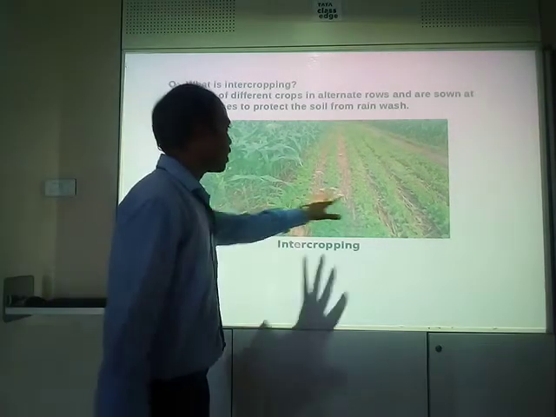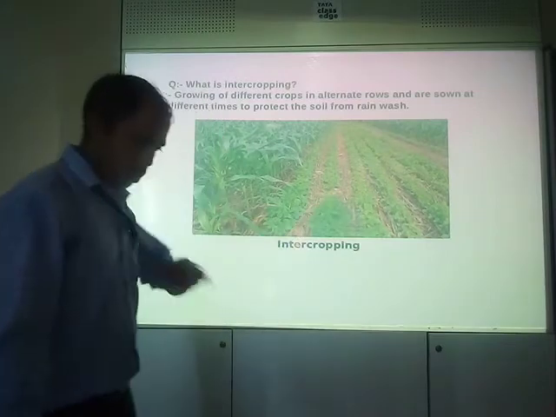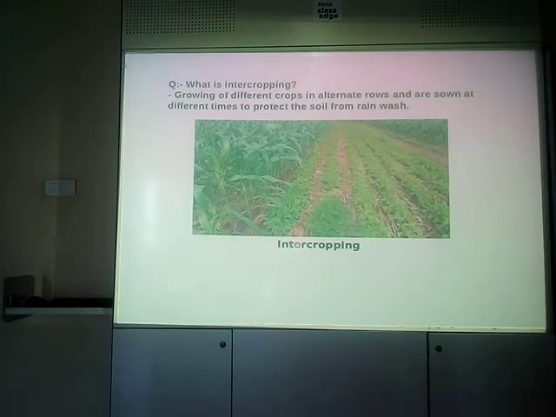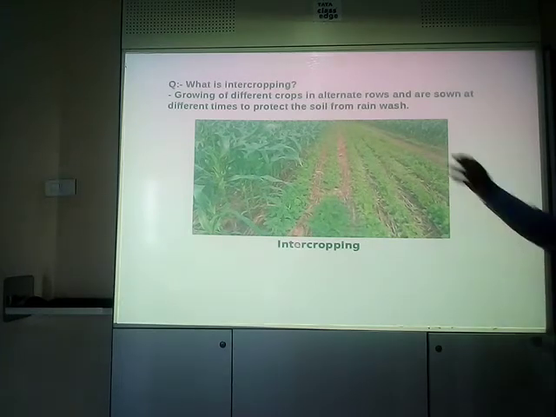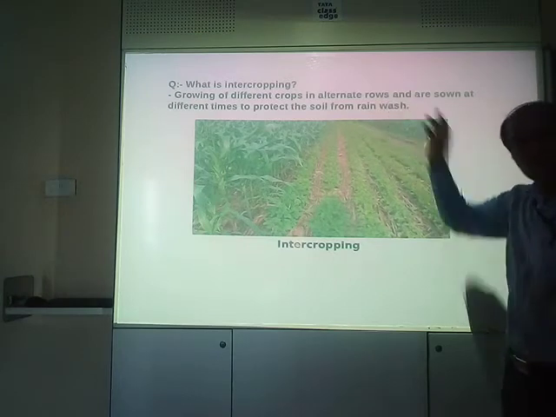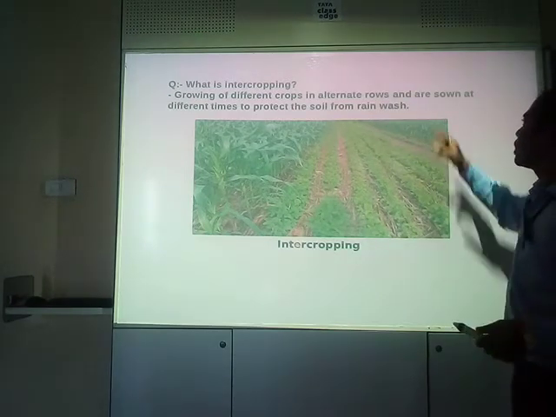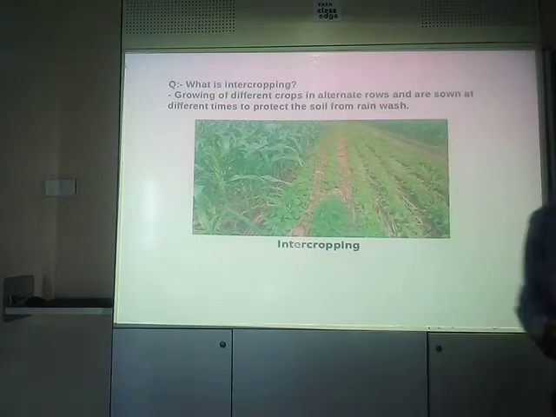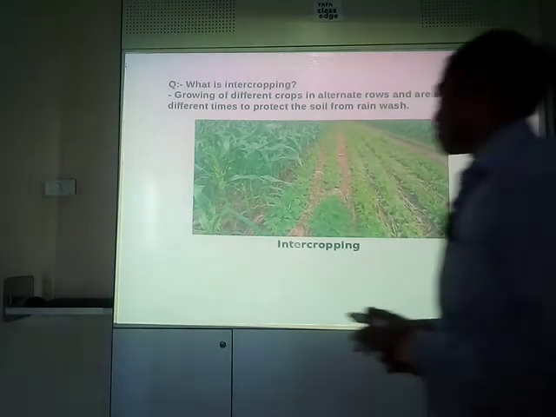This is also a technique of protecting the top fertile part of the soil layer. This is intercropping: growing different crops in alternate rows on the same piece of land. Why is it done? It is done to protect the soil from rainwash. Clear? It is very much clear.